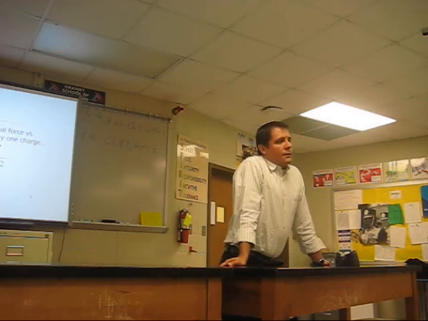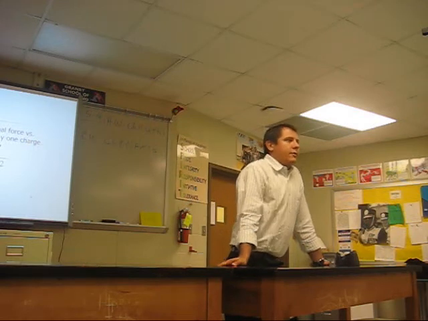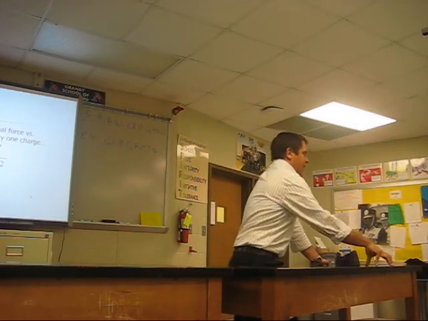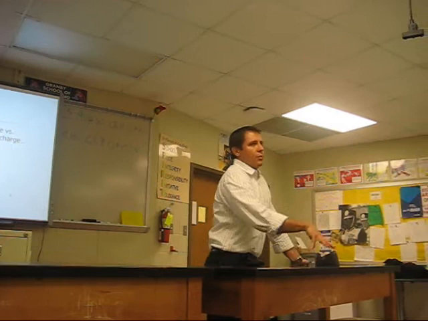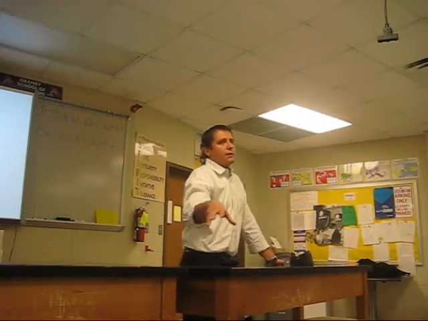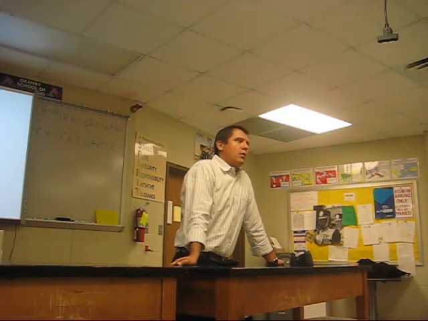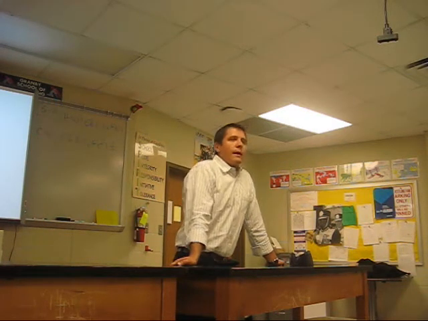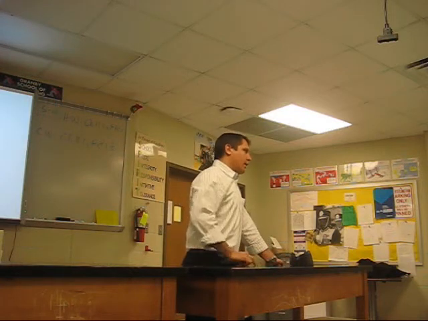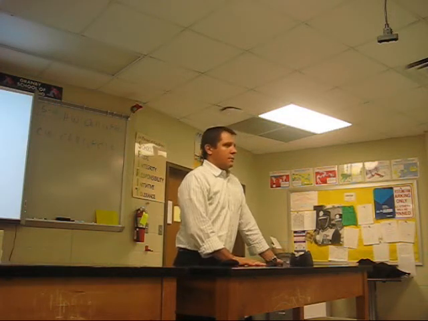Okay. Similar to how we had gravity, the acceleration due to gravity, and the force due to gravity. Really, it was just mass times the acceleration due to gravity gave you force due to gravity. Well, same thing here. If you take away one of the charges, you can just talk about the electric field of one of the charges.